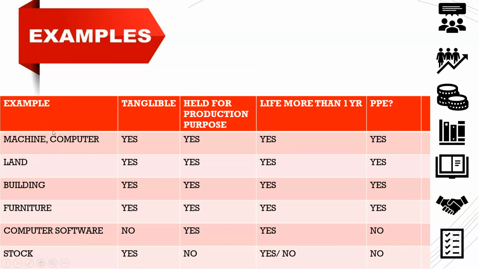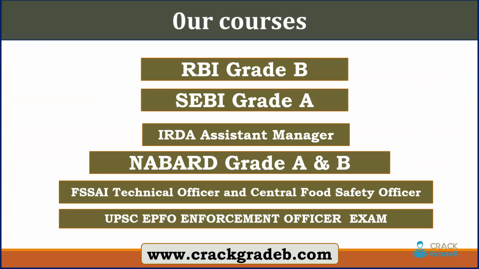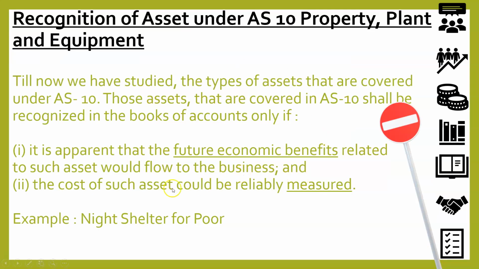Maybe you have received it from a relative as a gift and they do not tell you the price, or it is a very old laptop that you have been gifted by your relative, you cannot reliably measure its cost, or whatever the case may be. If that is the case, then you do not have to recognize it in the books of account.